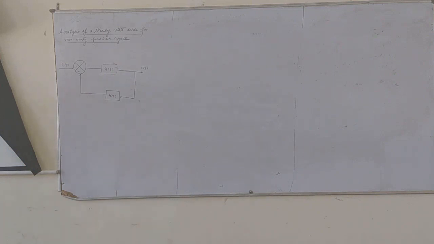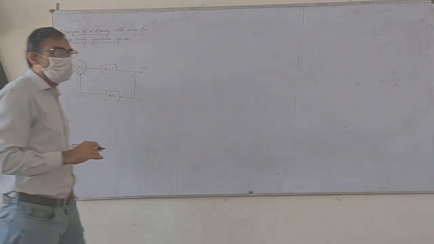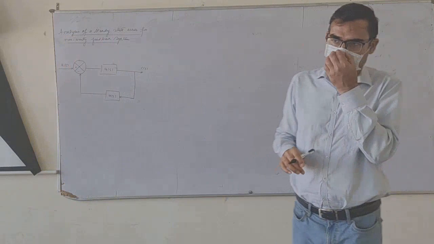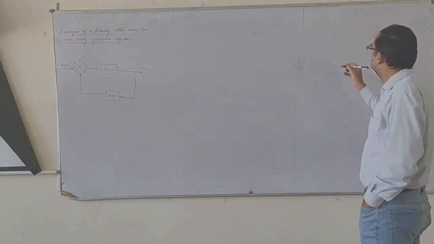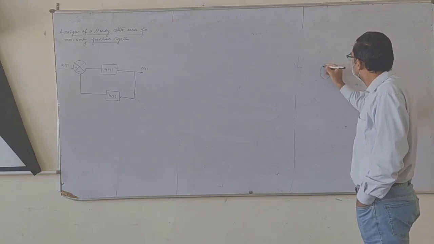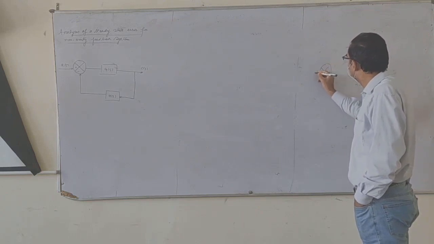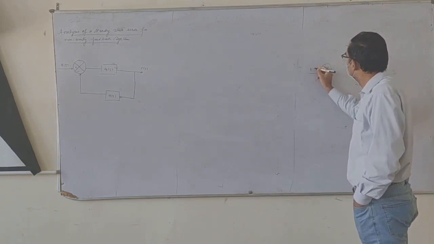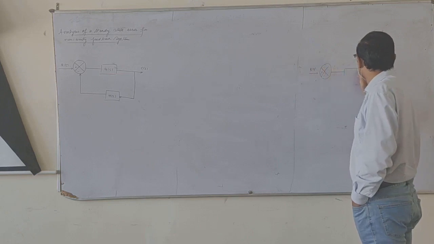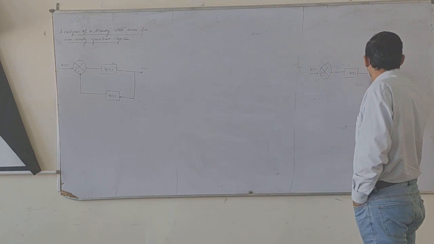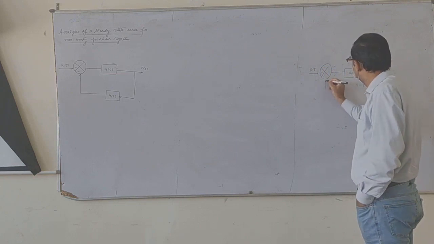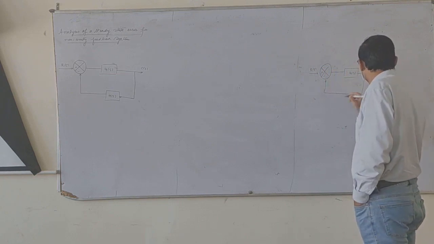Now, normally, what is our approach in a unity feedback? Let me explain that first. The normal approach for us is that we have an input, then a transfer function, we have an output, and then we have a unity feedback.